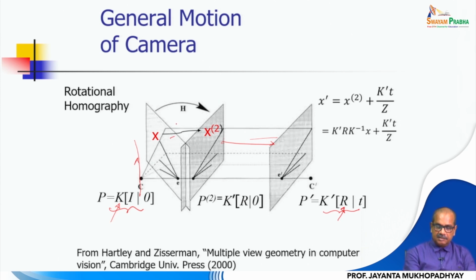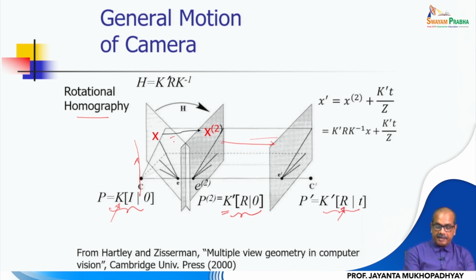Now you have to apply some rotation so that their z axes get aligned, and for that there is a rotational homography we have seen, which can be expressed in the form of K prime R K inverse. You keep the other parameters the same, so equivalently you get this projection matrix.